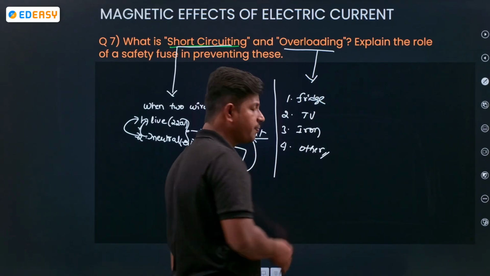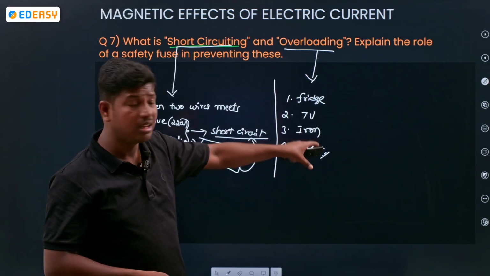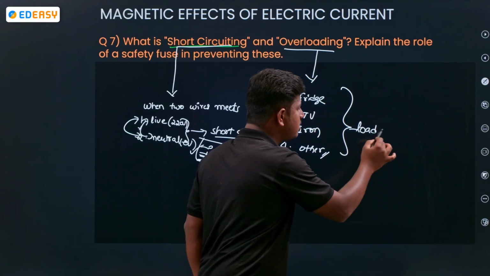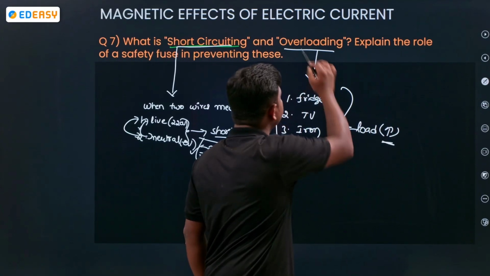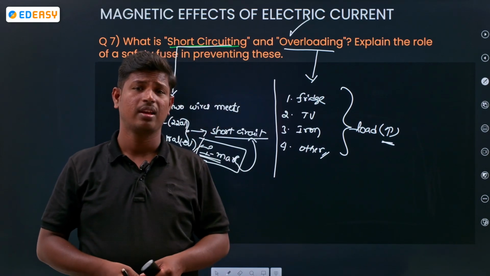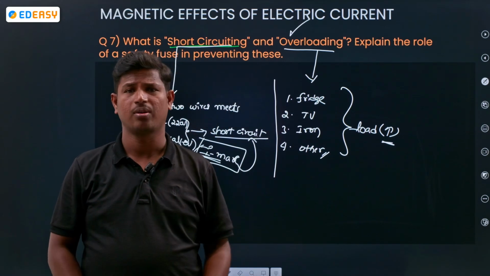At a time everything is connected. Then how will it be? Load increases now. That is called overload. In electricity also overloads are there. When all the equipment is working at a time, then it will be overload.